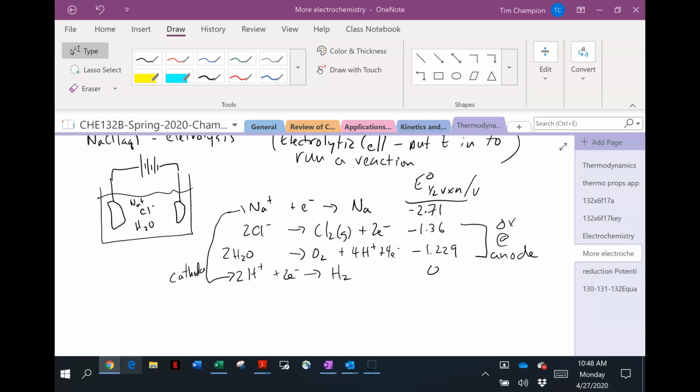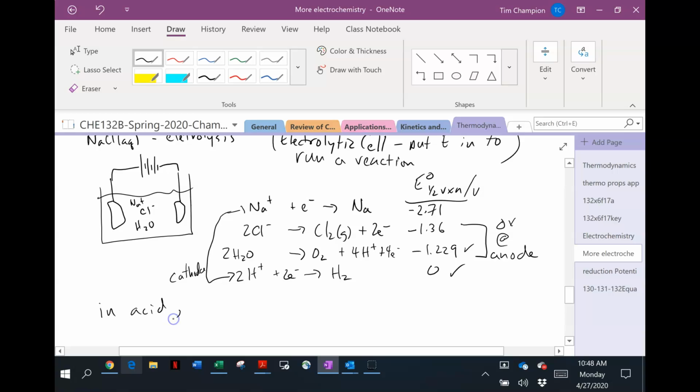The most energetically favorable at the anode looks like it's going to be water in this case, and so if this is in an acid solution, we're going to pick this one and this one. Remember, the more positive E is, the more energetically favorable it is.